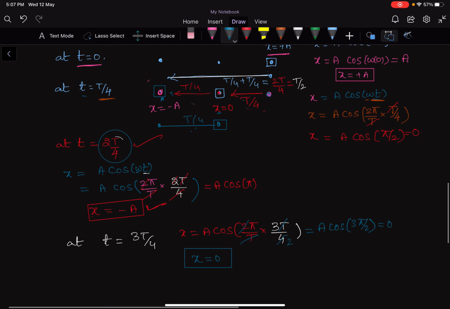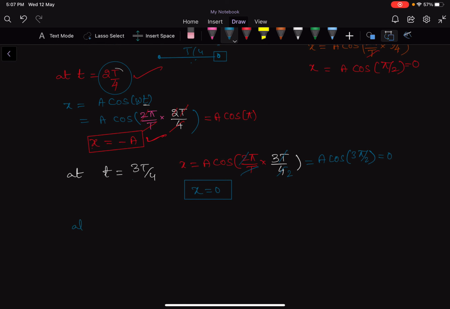Okay, and at another time, t equal to 3T by 4 plus T by 4, that is nothing but 4T by 4, that is simply time period T. At this time period, x equal to A cos of omega t. Omega value is 2 pi by T into t value, which is simply capital T. So this T and T cancel.